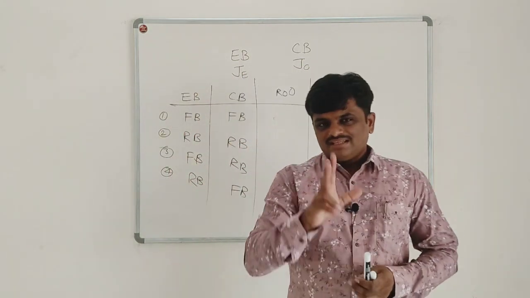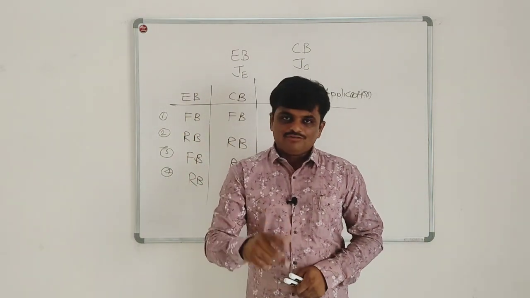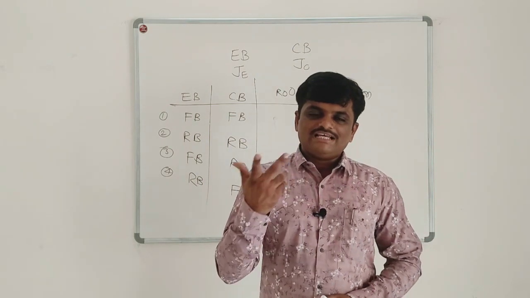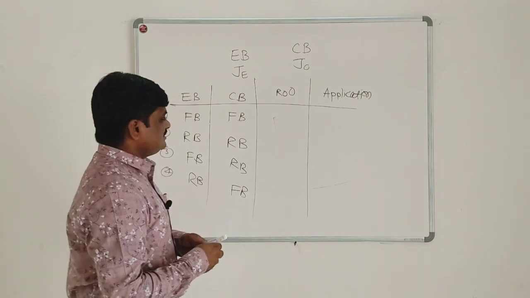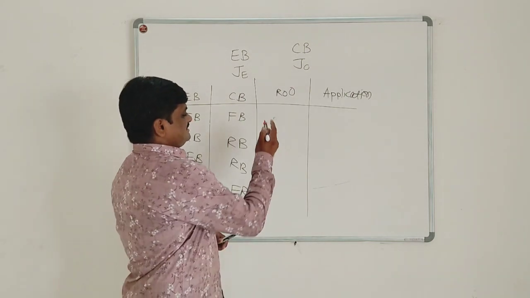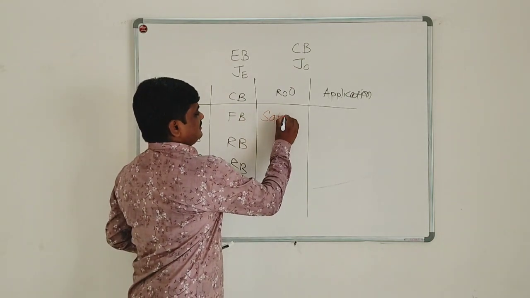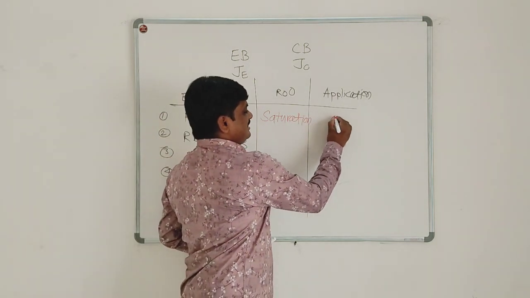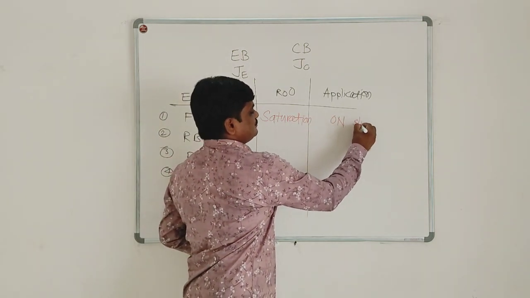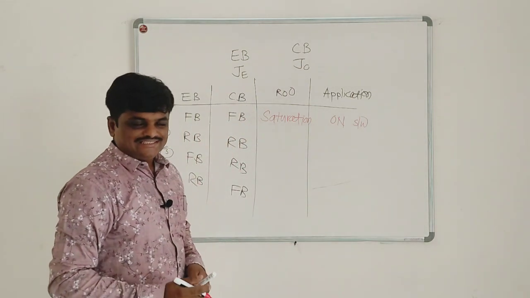So first, if both the junctions in transistor are forward bias, that is emitter base junction as well as collector base junction, the region of operation of transistor is saturation. In saturation region, the transistor acts as an on switch, that is closed switch.